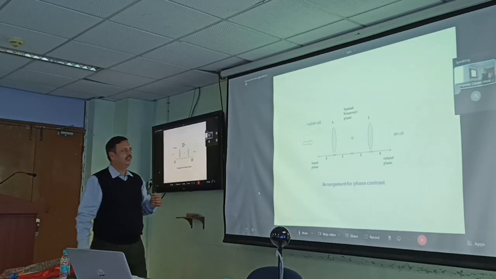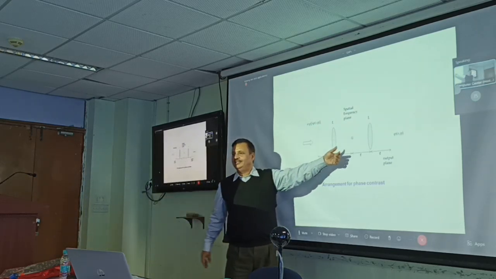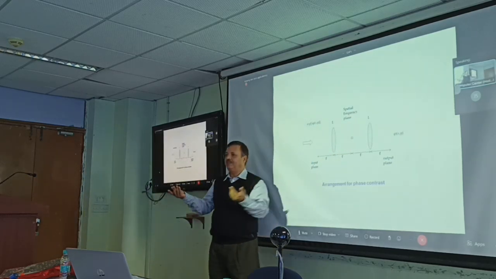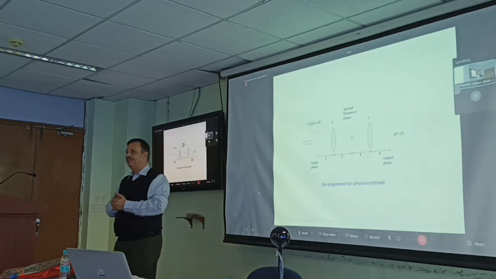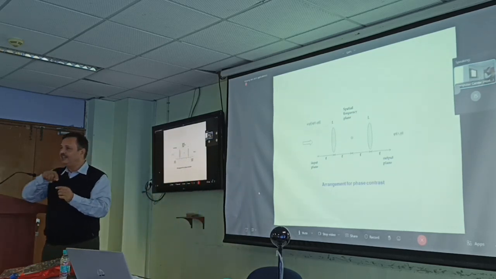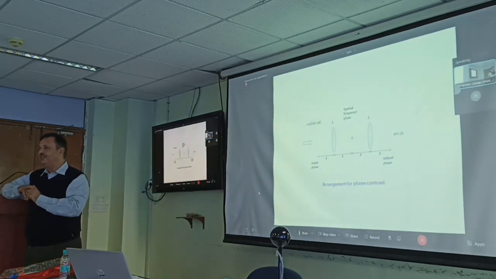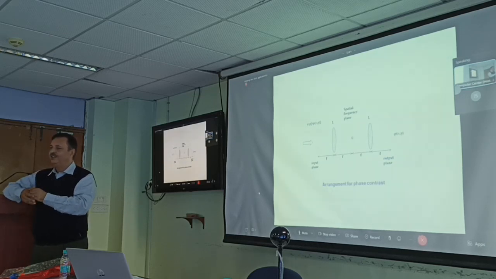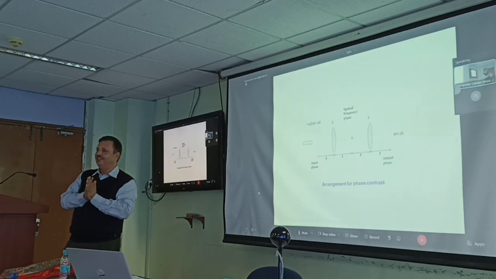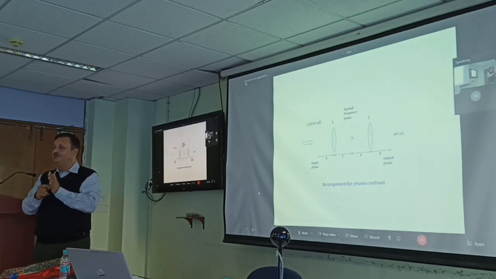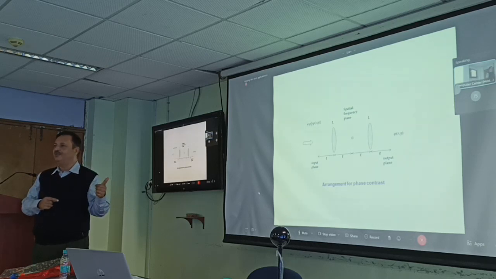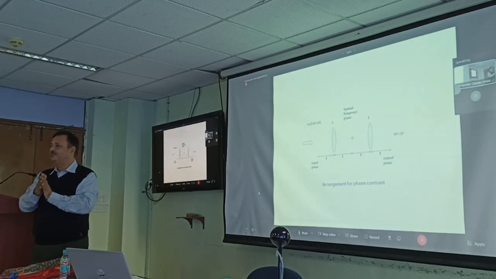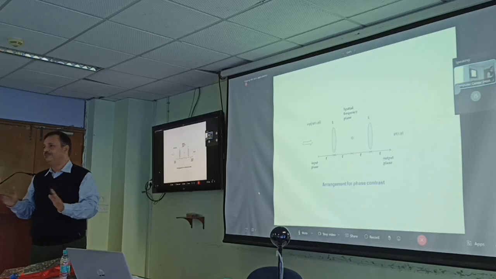Only the zero order, and you can calculate it; it depends upon the aperture and the wavelength of the light. You can calculate the dimension of the zero order, and we can create a filter. That filter, like a transparency, is able to introduce a pi by 2 phase shift only to the central order of diffraction, and for all other diffraction orders it is uniform.